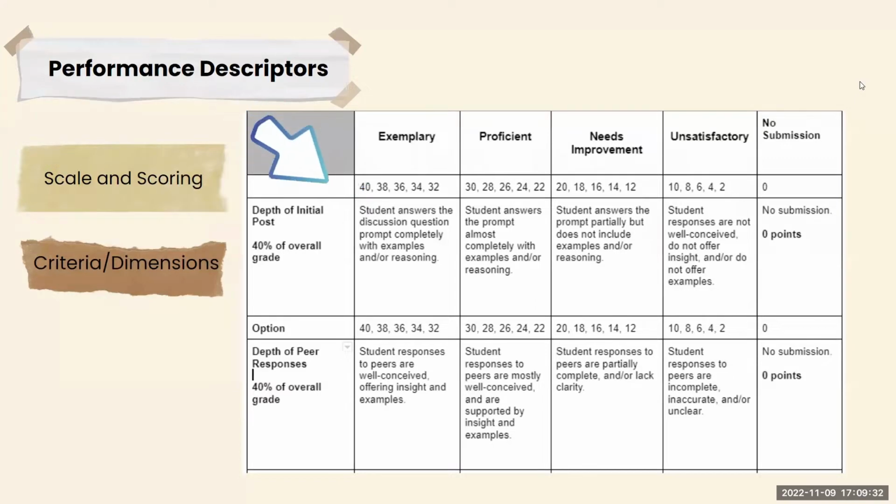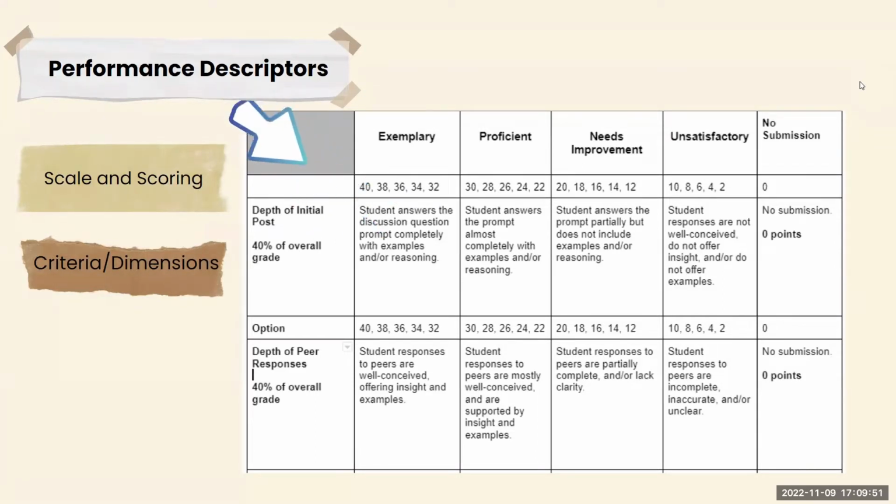This is where I think faculty sometimes get a little hung up, because they start to say, there's a lot of text in here. Yes, but look at how it allows you to select the score more appropriate to the level of performance of student work.